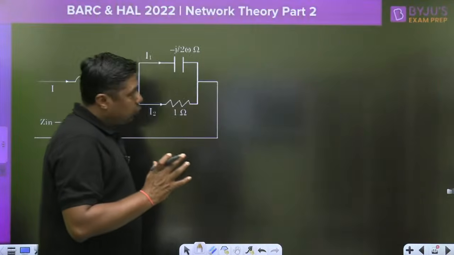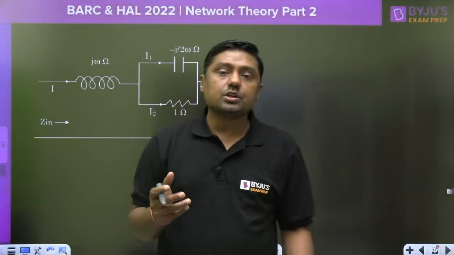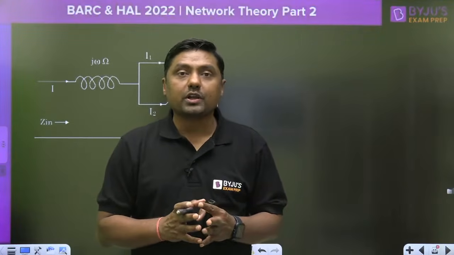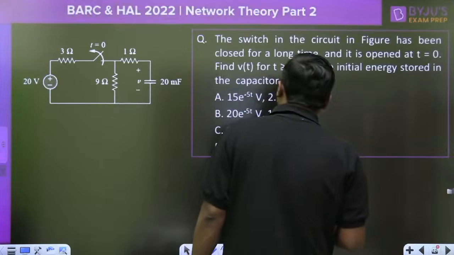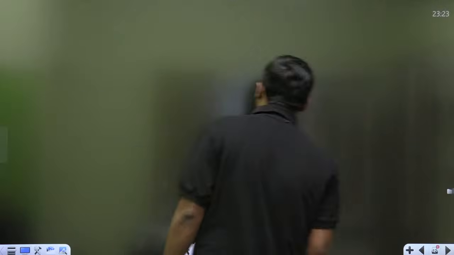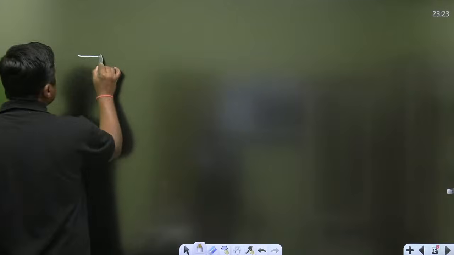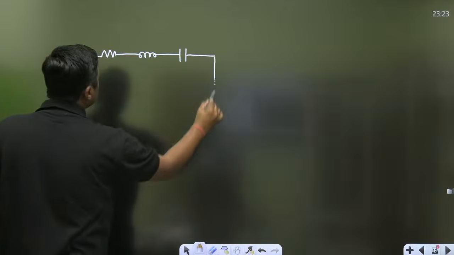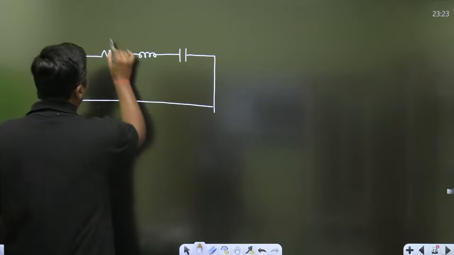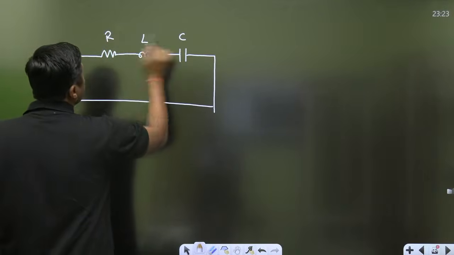Now we have a number of questions on resonance, meaning series resonance and parallel resonance. So remember this, I am giving you a similar formula. If R, L and C are in series, this is called series resonance.